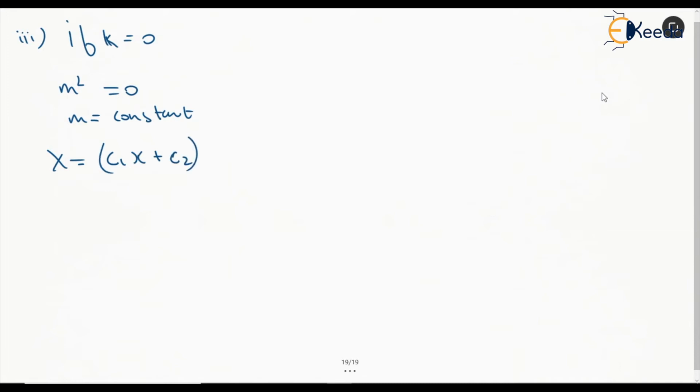Similarly, this will also be the same. In this case also we will have m square equal to 0. So we can directly write now Y will become c1 y plus c2. Similar case, right?